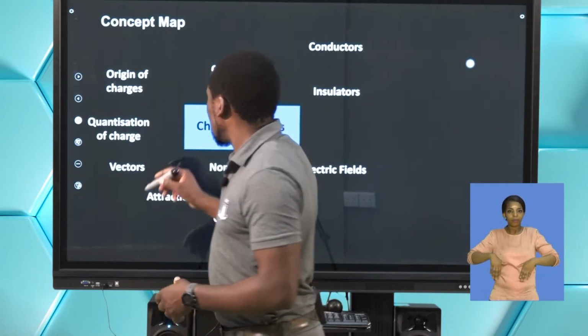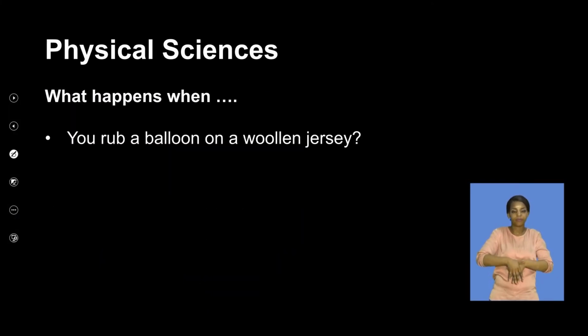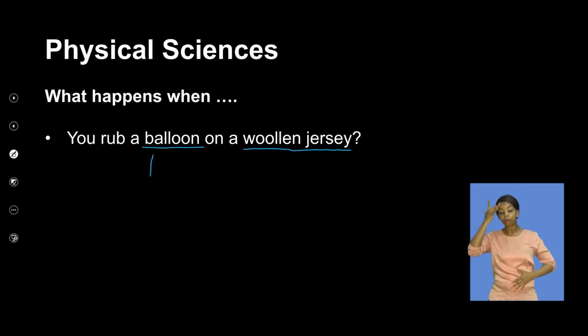Now let's look at a scenario where you rub a balloon on a woolen jersey. Take note of the material. A balloon is rubber, and a woolen jersey is a different material altogether. Both of them are different types of material, and so one of the two is an electrical conductor.